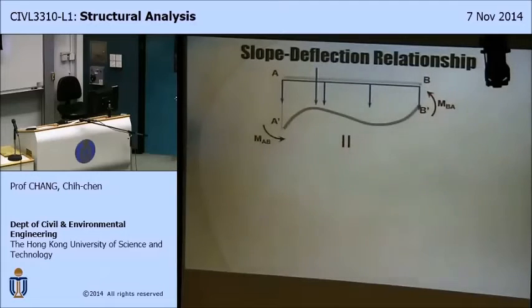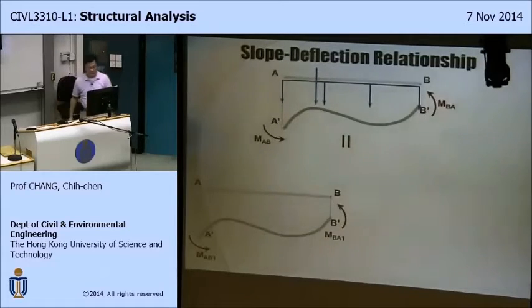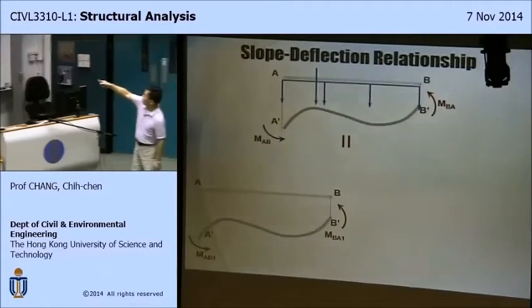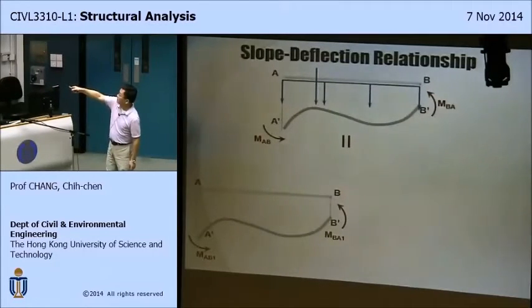This case actually can be considered as a superposition of two cases. First case is I want to relate this to degrees of freedom. And of course, all of these are caused by the external force. So the whole thing here can be considered as a superposition of two cases.